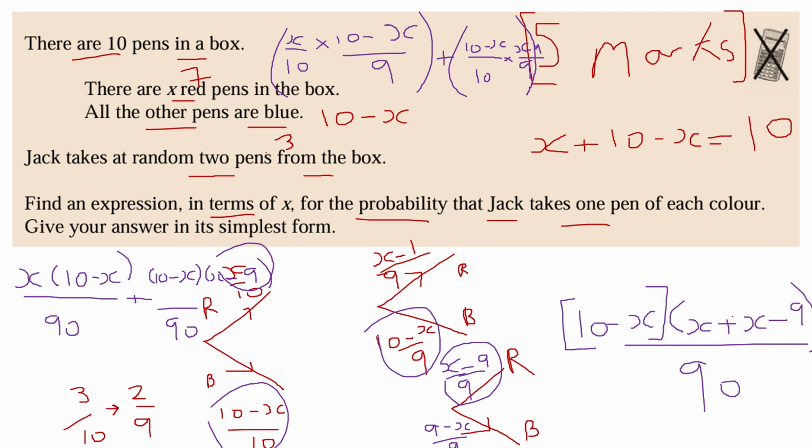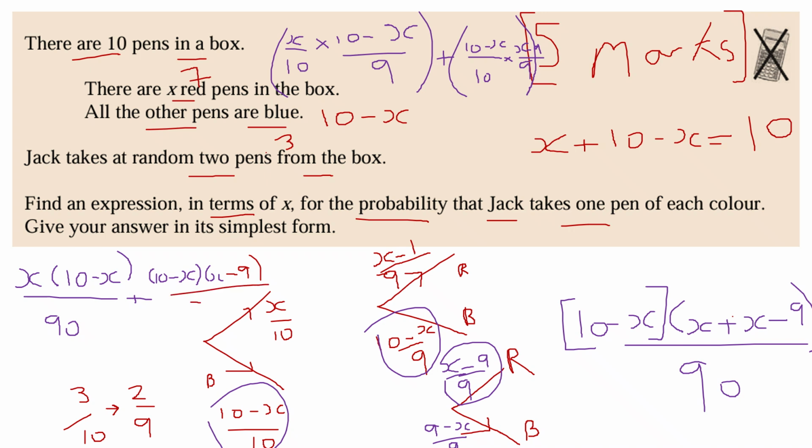Because if you think about it, if you're unsure, sorry, I haven't got much space here. I'm going to put x over 10 here so you can see, and you have x minus 9 here. Let me just move it around a bit.